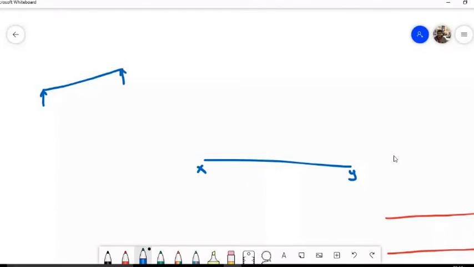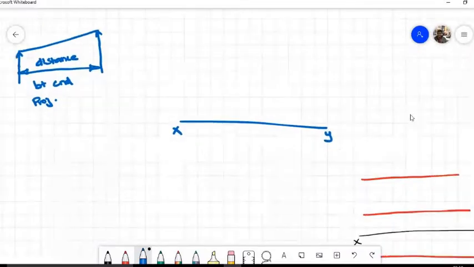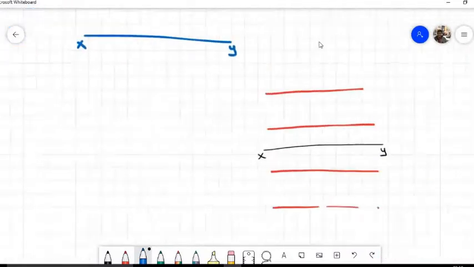So the end distance between the end projector means the distance between these two projector lines. This is called distance between end projectors.